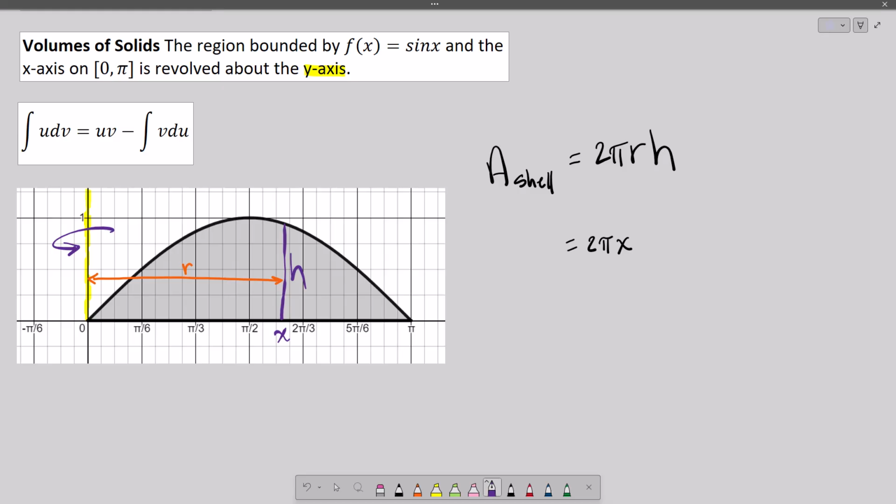The function is sine of x. Okay. So area of a cylinder, 2 pi r h. We have a vertical element, so we know we're integrating with respect to x. All right, the interval that we integrate with is always perpendicular to your rectangle.